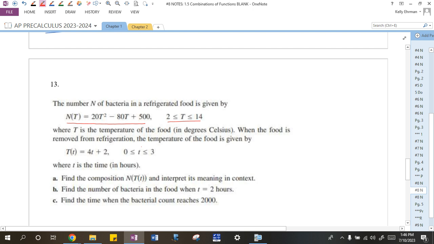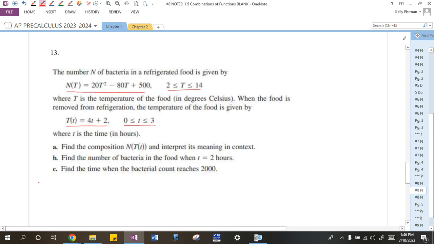When the food is removed from the refrigeration, the temperature of the food is given by this function, 4T plus 2, and this is for the hours between 0 to 3. Part A says, find the composition N of T and interpret its meaning and context. Okay, so let's just find the composition first. N of T.